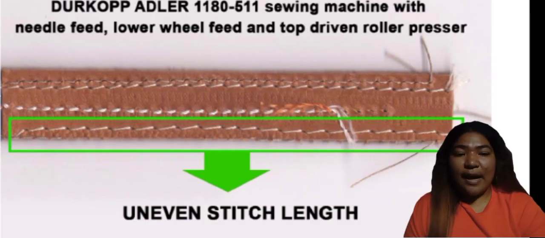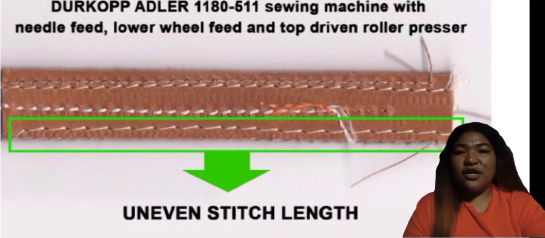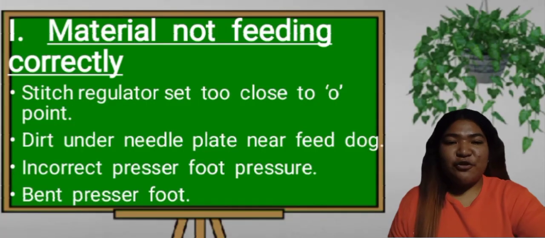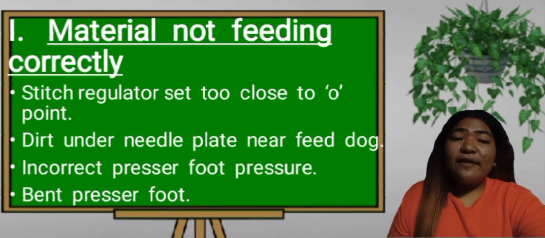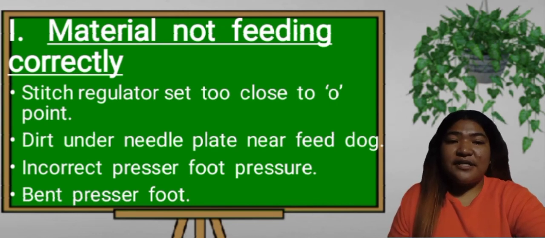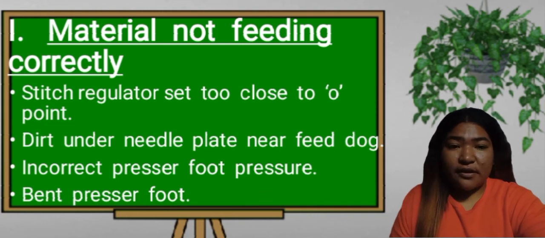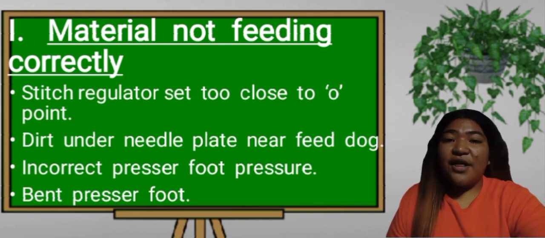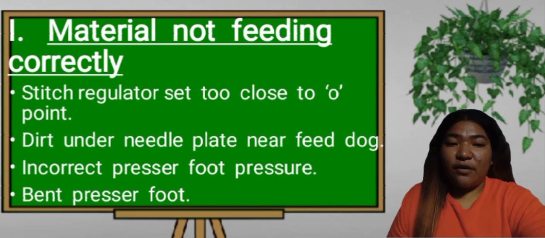So this is an example of uneven stitch length. Next minor trouble is the material not feeding correctly. Causes: the stitch regulator set too close to 0 point, dirt under the needle plate near the feed dog, incorrect presser foot pressure, and lastly, a bent presser foot.